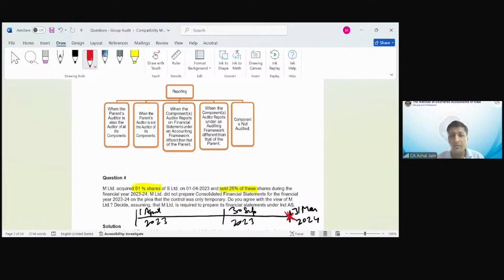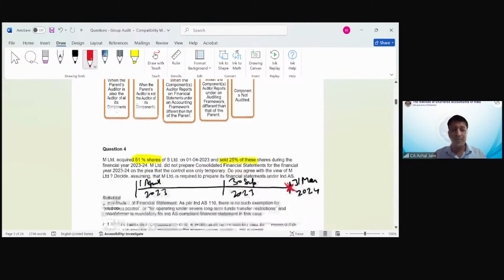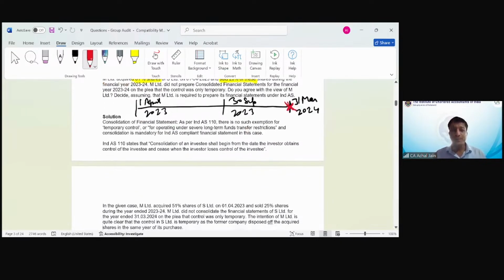Accounting standards, whether those have been applied in an appropriate manner or not. Correct? So in this case, the important part is to check, is there any exemption which the accounting standard provides for not preparing the CFS when the control is temporary under Ind AS? The answer is no.